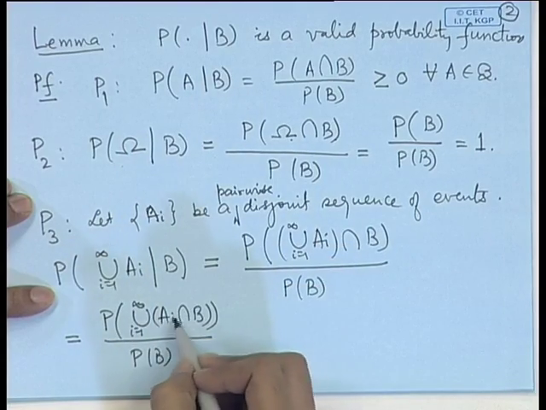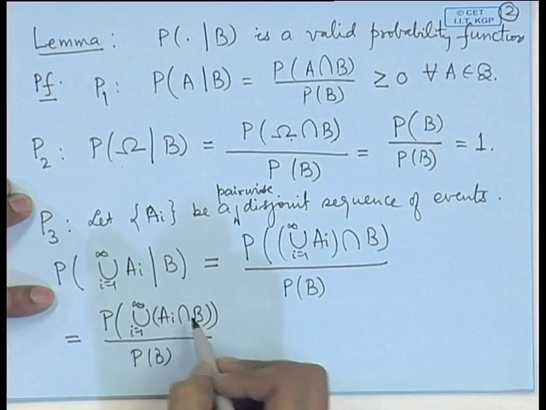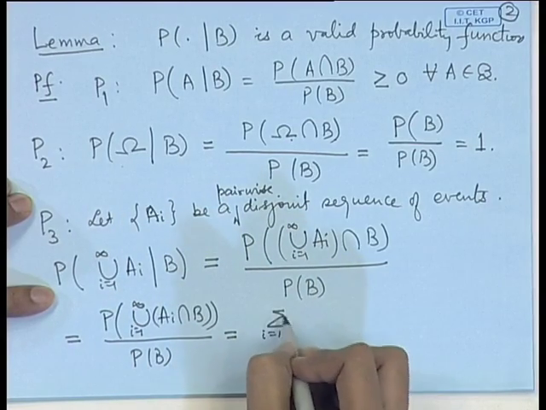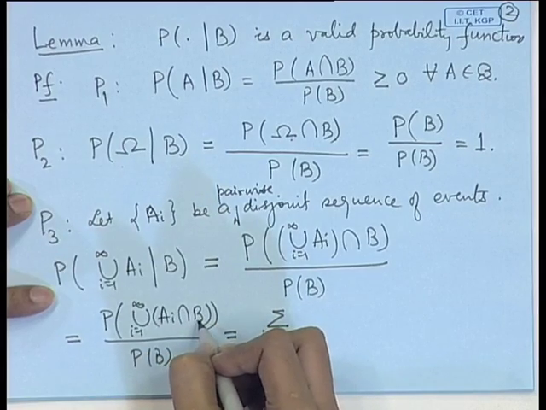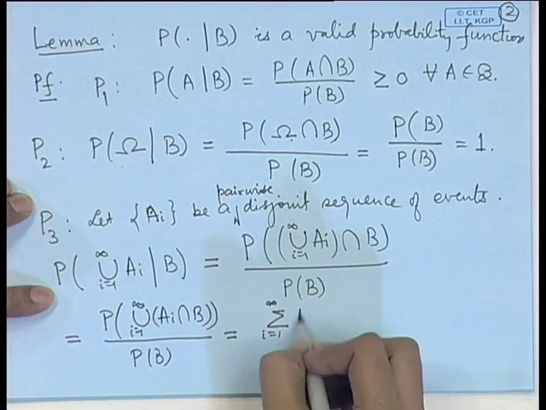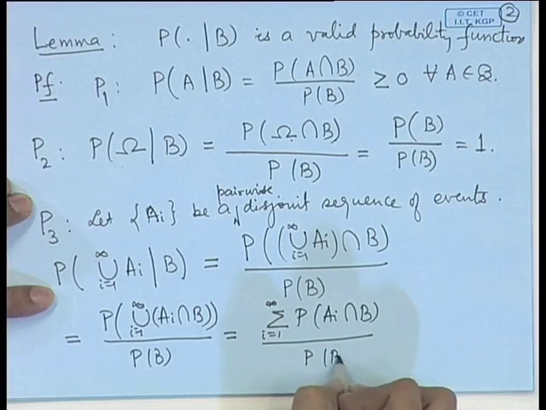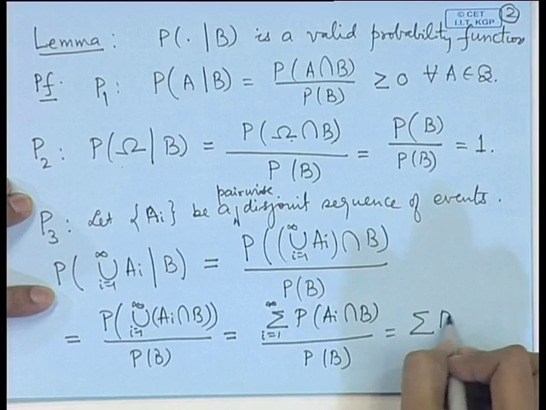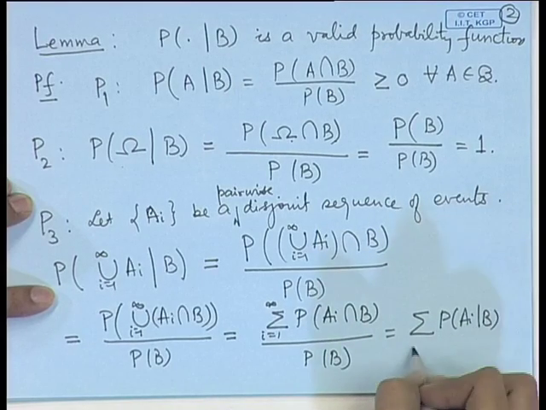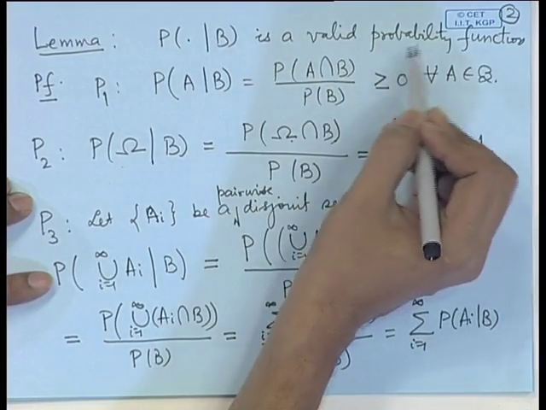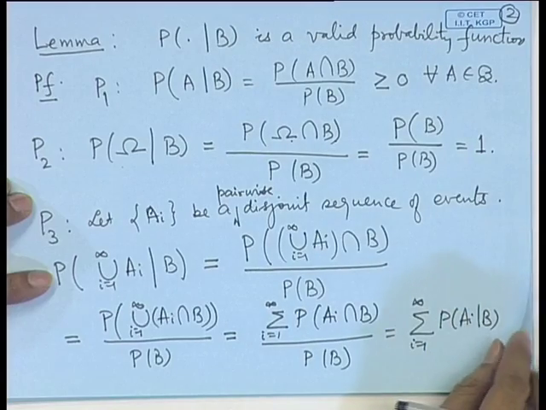If they are disjoint, then the A_i intersection B's will also be pairwise disjoint, and therefore by the third axiom of probability, I will have the probability of union A_i intersection B equal to the sum for i equal to 1 to infinity of probability of A_i intersection B divided by probability of B, where each term then becomes probability of A_i given B. So, you can note here that the probability of the union is equal to the sum of the probabilities, which is the countable additivity axiom. Therefore, the conditional probability function is a well defined probability function.